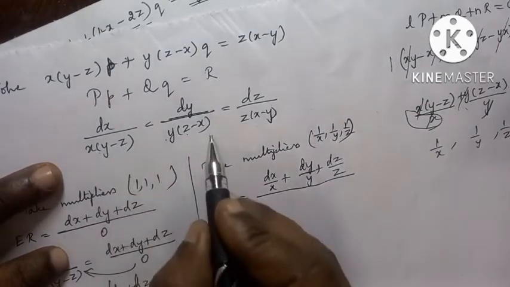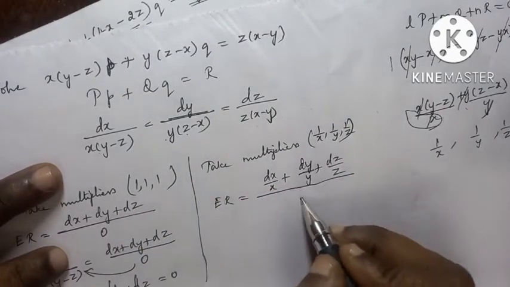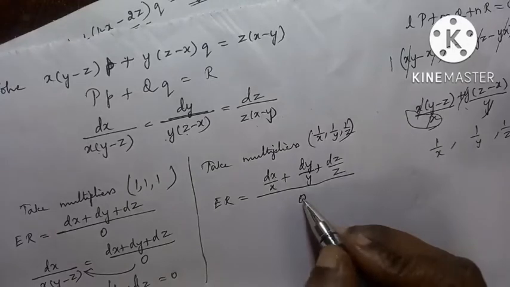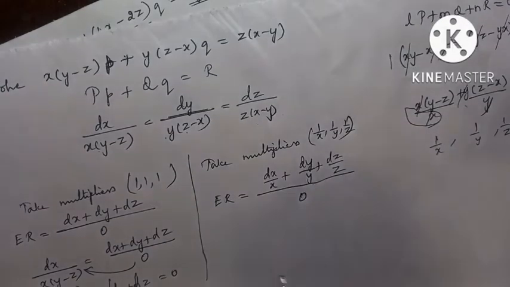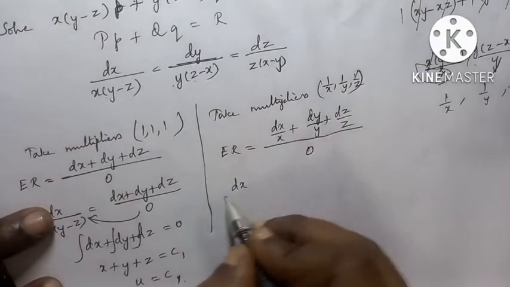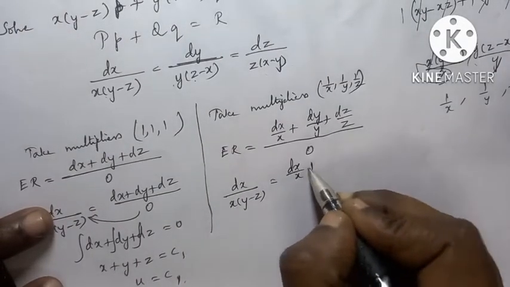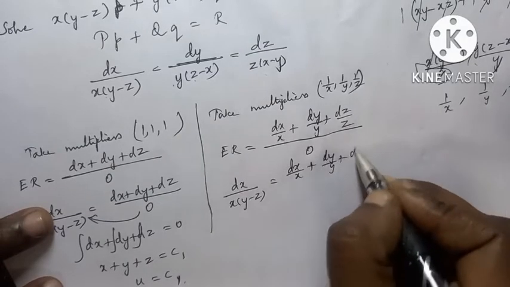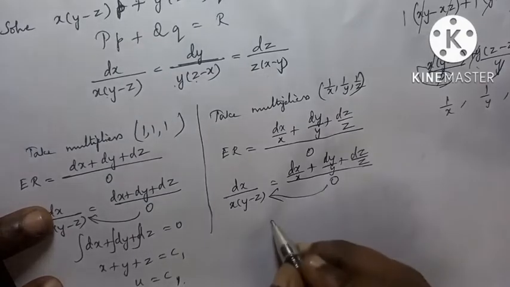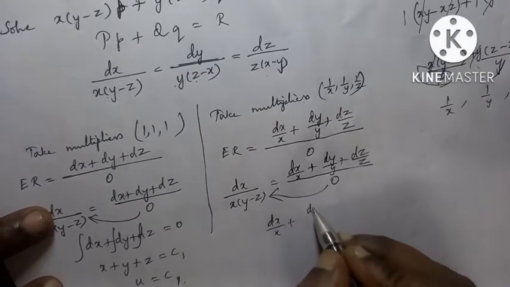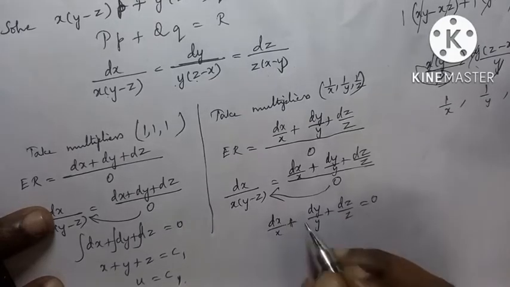Then similarly divide each of these by x, y, z and add. If you add, you will get 0. Sometimes when you do subtraction, it may be 0. The sign we have to decide, okay? So let us take any one of the ratios, which is dx by x plus dy by y plus dz by z. Cross multiply: dx by x plus dy by y plus dz by z equal to 0.